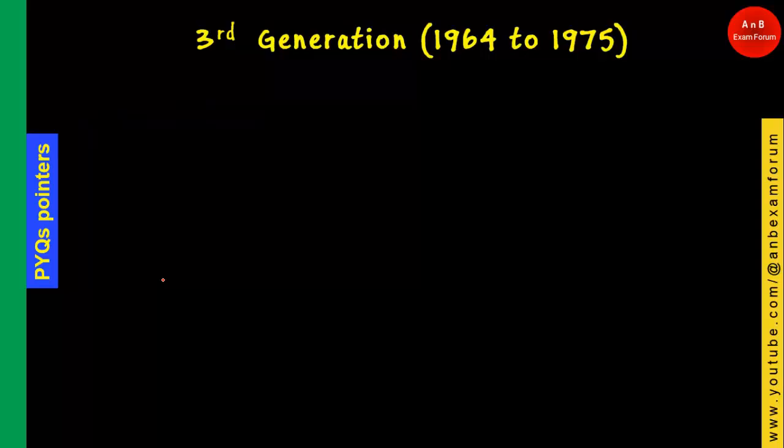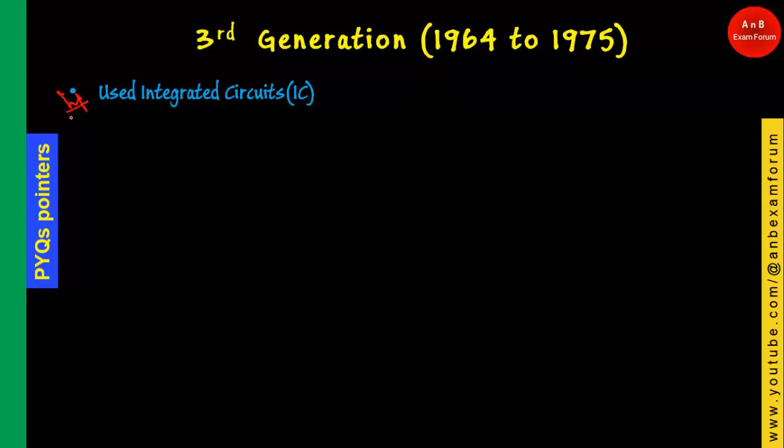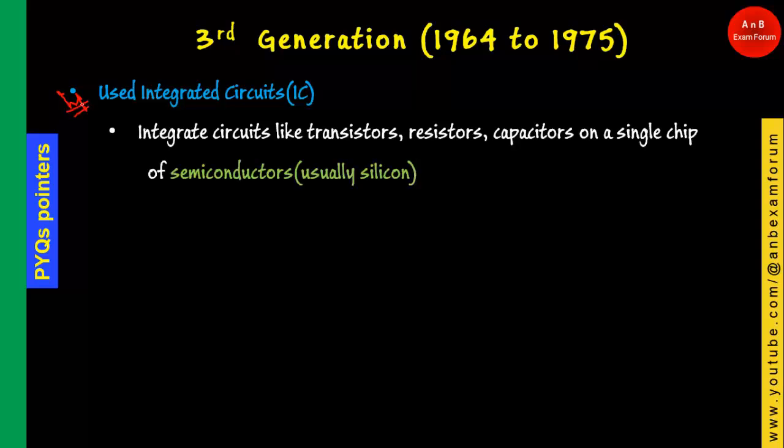Coming to the next generation, that is the third generation. It is around 1964 to 1975. Okay, and in this generation they started using IC. So first thing you should know is that IC basically integrates circuits. What type of circuits?